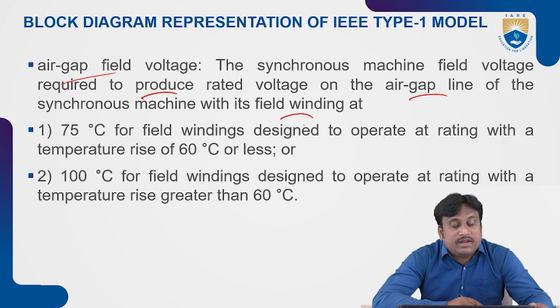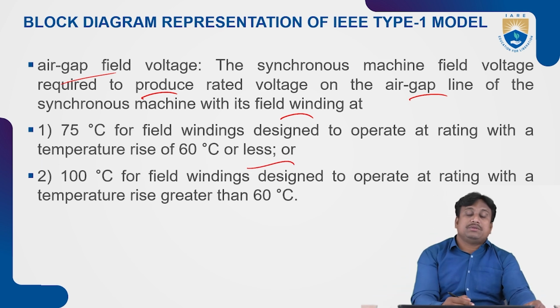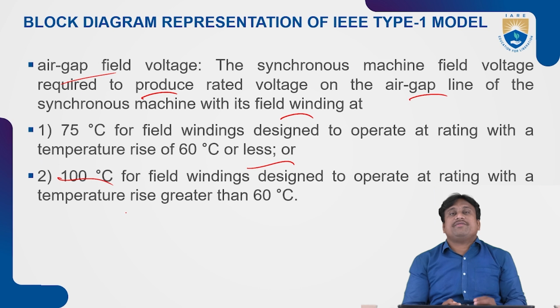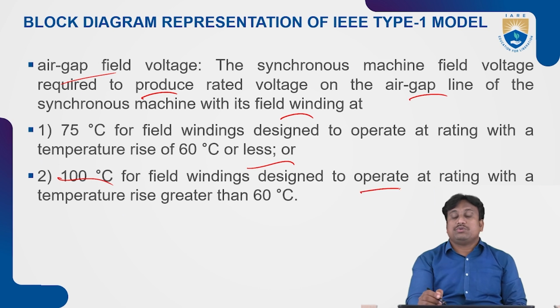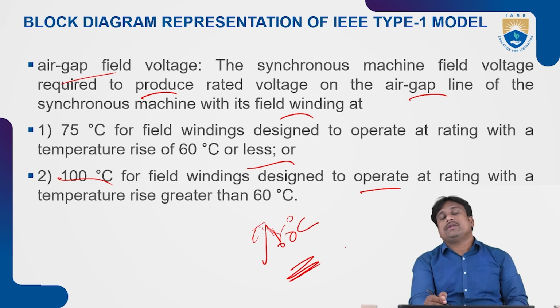The field winding is designed to operate at a given rating with a temperature rise of 60 degrees centigrade, or possibly less. For a higher temperature rise, 100 degrees centigrade is considered, with 60 degrees centigrade as the reference.